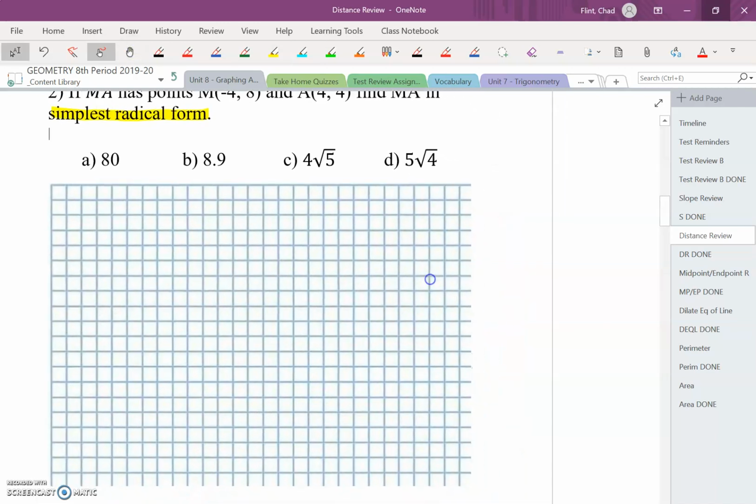First, you want to graph the points because we're going to use Pythagorean theorem, which we do in all distance questions.